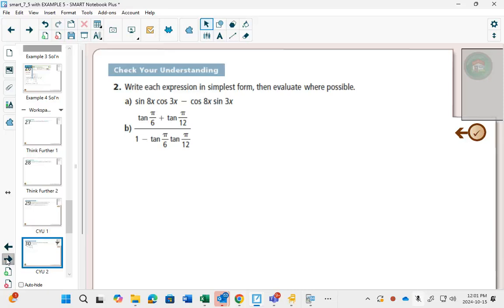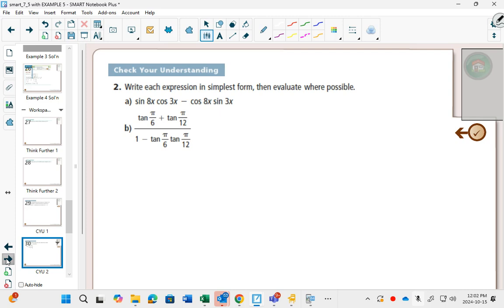By mostly memorized, what happens is you get a question like 2a, which is sine 8x cos 3x minus cos 8x sine 3x, and you think, hey, I have a formula that has that, but I don't remember exactly which one. I should check my formula sheet. That's mostly memorized: at least being able to recognize the formula.